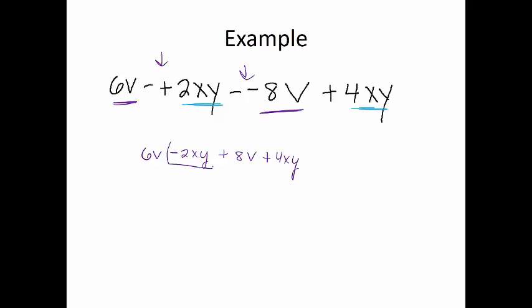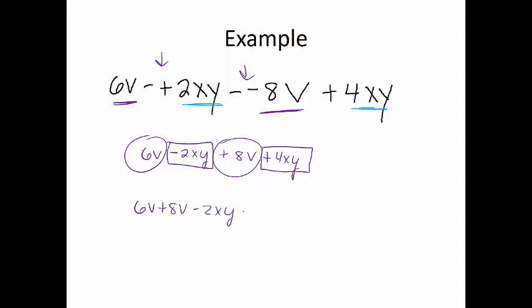Alright, now these are like terms and these are like terms, so let's write them together: 6v plus 8v, negative 2xy and positive 4xy.